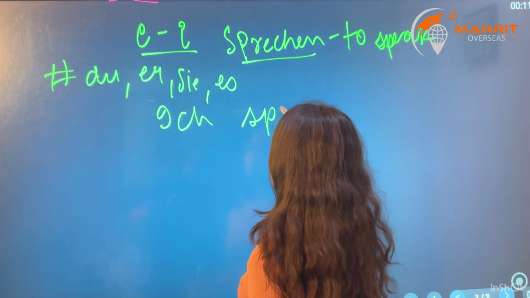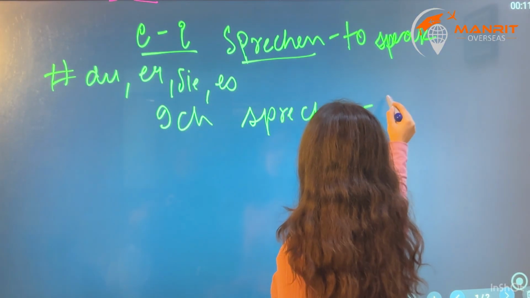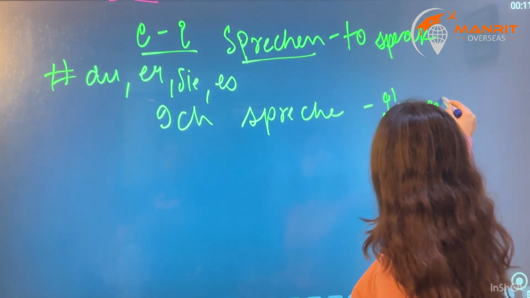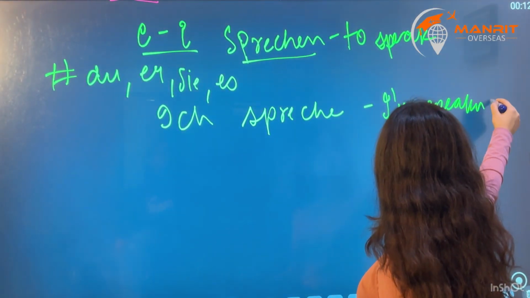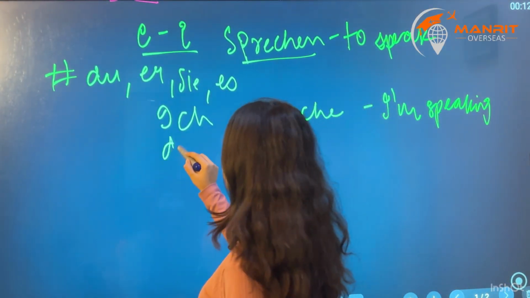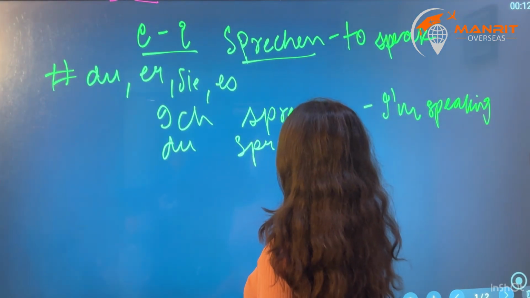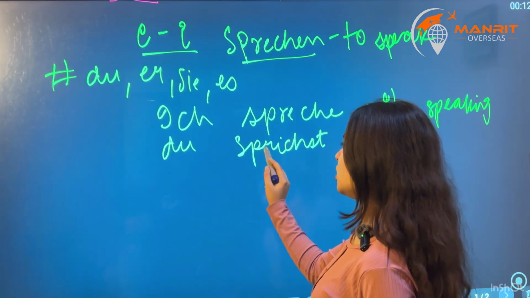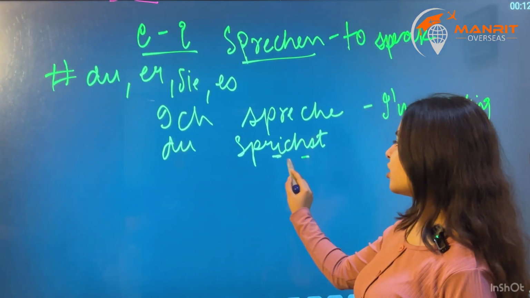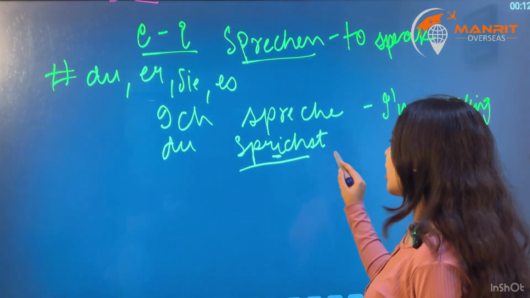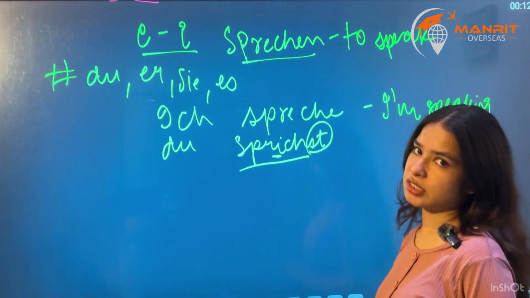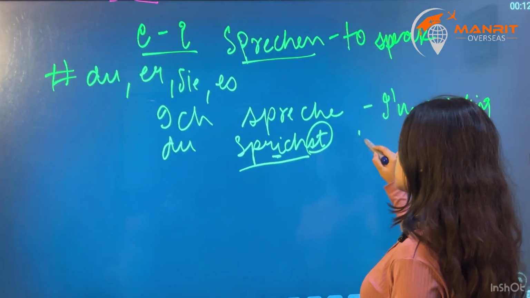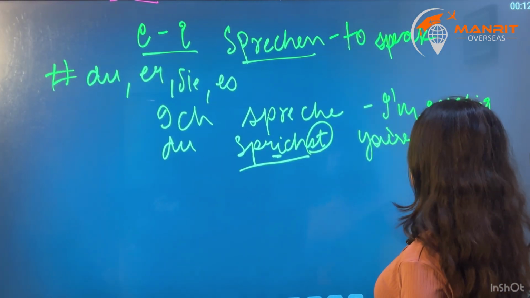So it will be ich spreche, I am speaking. With du it will be sprichst. Du sprichst. Now e is changed to i. I've written the verb stem and just changed the ending to st. So du sprichst means you are speaking.